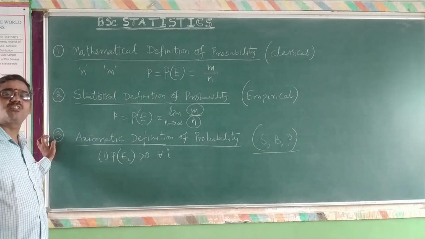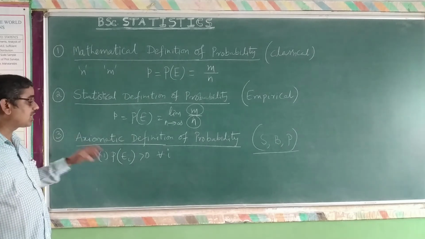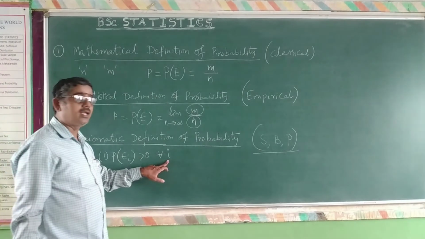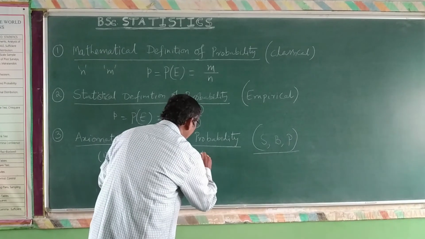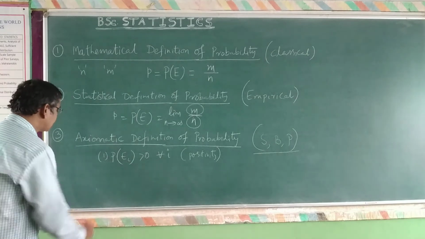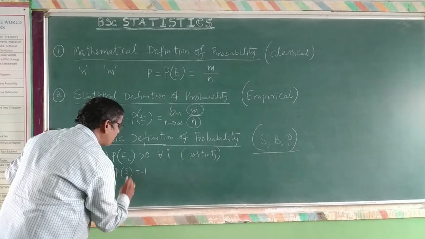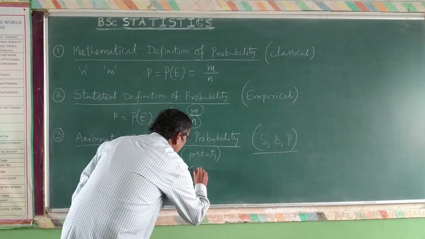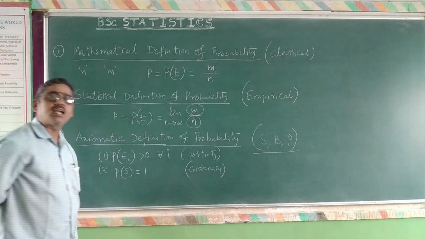That is called positivity. The second is certainty: the probability of the sample space is equal to 1. This is the second axiom.